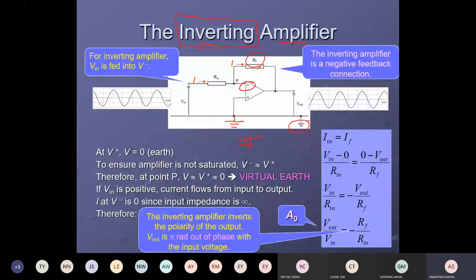Okay. An inverting amplifier has two characteristics. The input will be at negative, and it will have a feedback. If you have a feedback and the input is negative, it's an inverting amplifier.